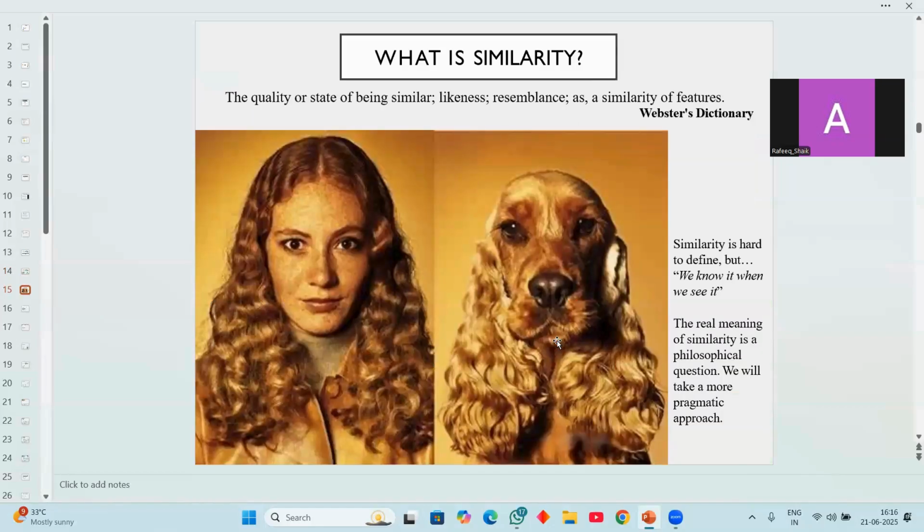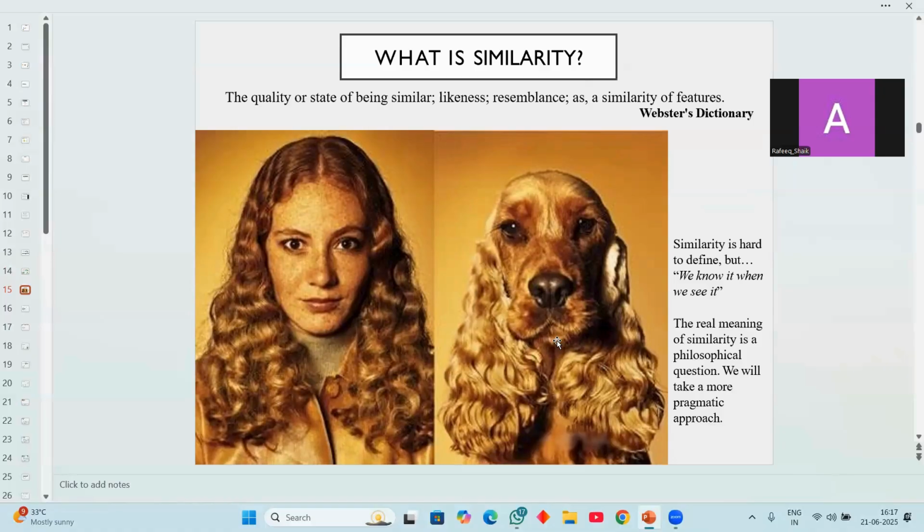In other words, what is the similarity between those two objects? A machine can easily identify the hair, the pattern and the structure of the face, but the nose, eyes, or lips differ. Webster's dictionary defines similarity as the state of being similar, likeness, resemblance.